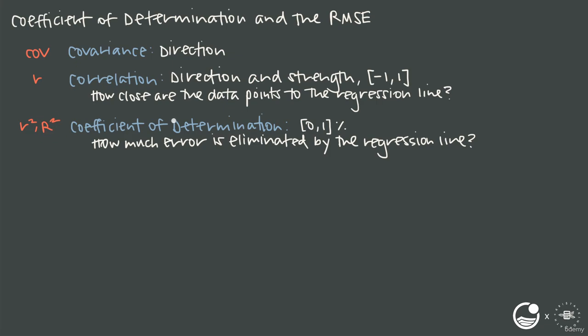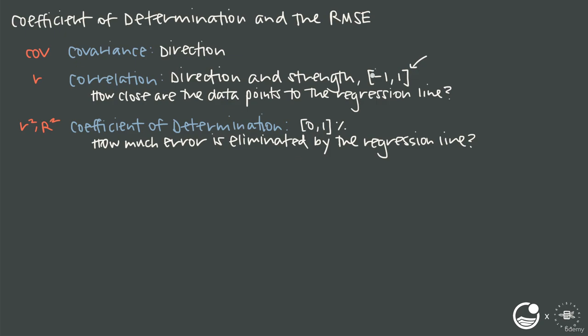But for now, we're sticking with simple linear regression, in which case we can find the coefficient of determination by squaring the correlation r, which means that its value is going to fall between 0 and 1, and we usually give r squared as a percentage. This makes sense because correlation takes on values between -1 and +1, and when we square any value in this interval, we end up with values only in the interval 0 to 1.